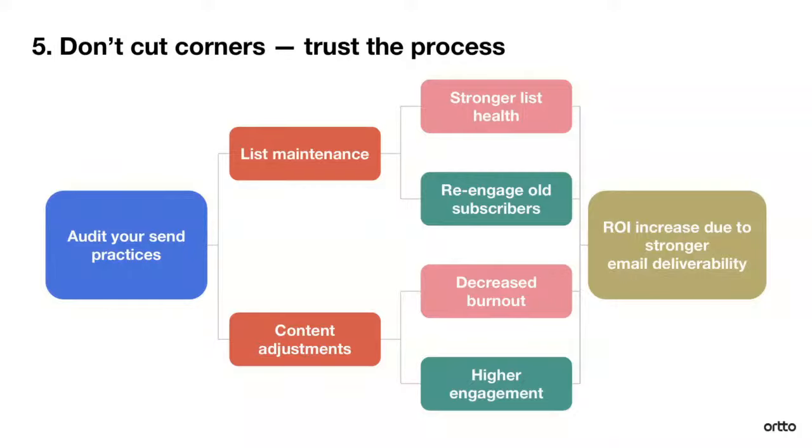That is maintaining strong list practices via strong list health and re-engaging the slowly churning subscribers, to content adjustments, not the spam worry, but focusing on decreasing burnout by limiting what content goes to which recipients, and focusing on more personalized engagements that increase higher engagements. All of those sort of things come together to really create that strong email deliverability.